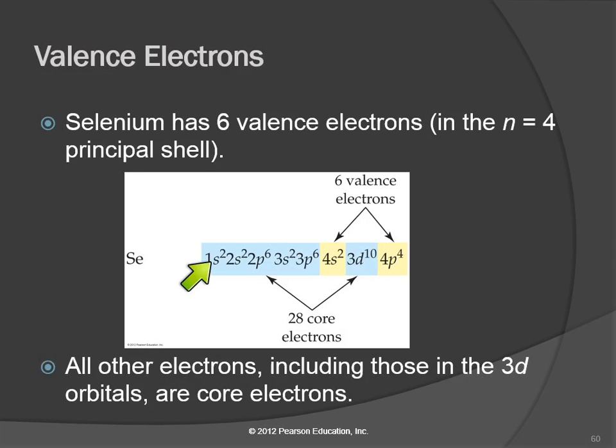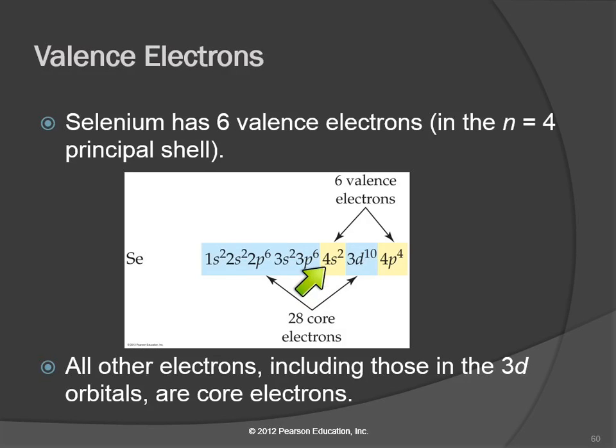We're going to look for the highest floor in the hotel that has anybody on it, the 4th floor. The 4th principal energy level has electrons. Now, yes, the 3d electrons are higher in energy than the 4s electrons, but they're not considered valence electrons. And that may bother you, and we just have to get over it somehow. Okay, we're just counting on the highest level.